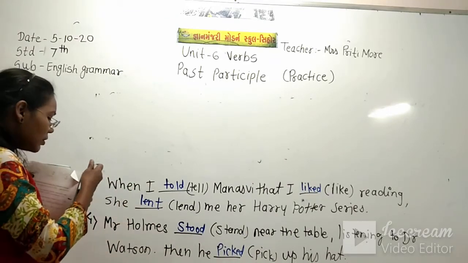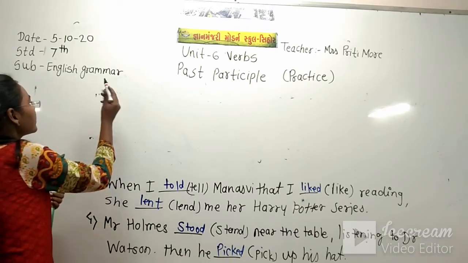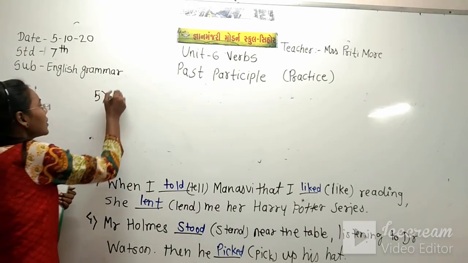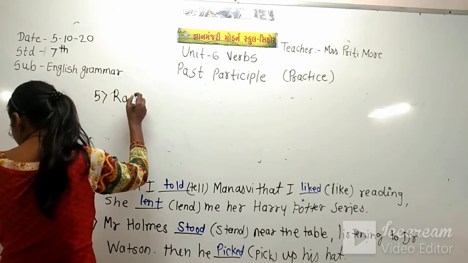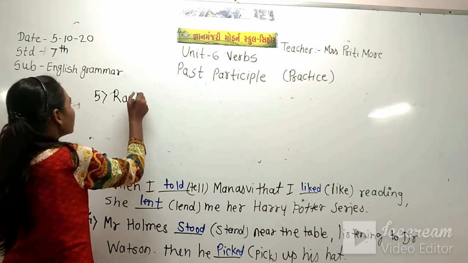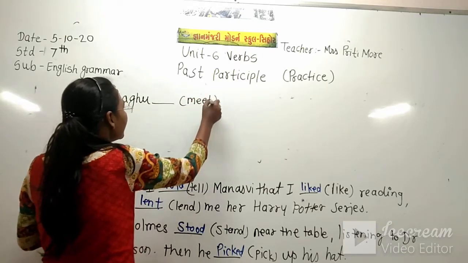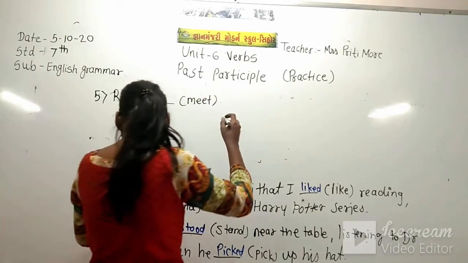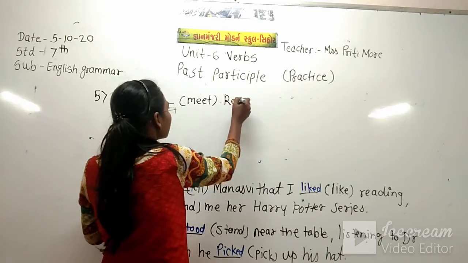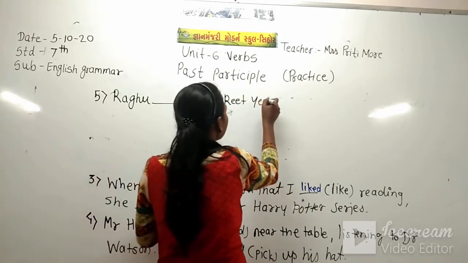Sentence number 5. Raghu, blank space in the bracket, the verb meet is there. Reet, yesterday.